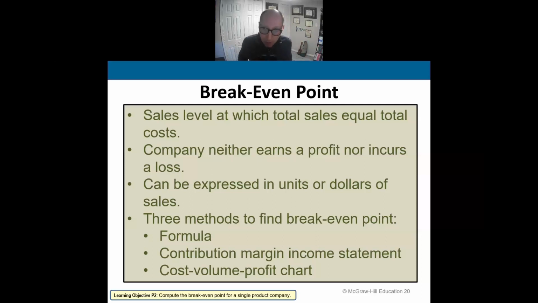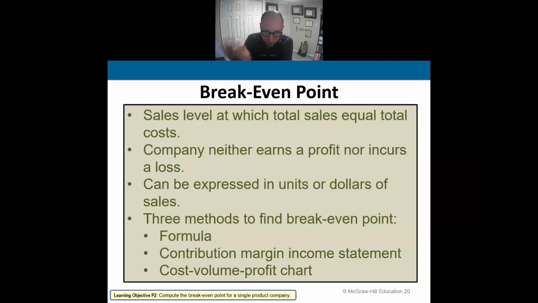You need to know how many units you need to sell to break even. Break even simply means that I'm not losing money, but I'm also not getting a profit. I'm covering all of my costs, and that's it. No profit, no loss. Break even is zero.